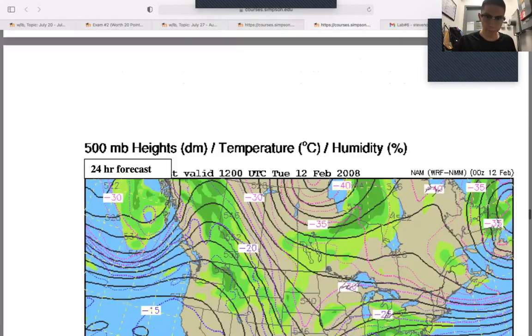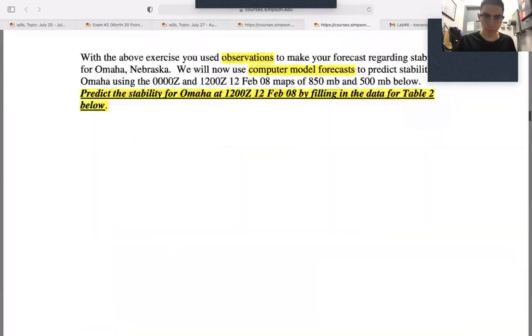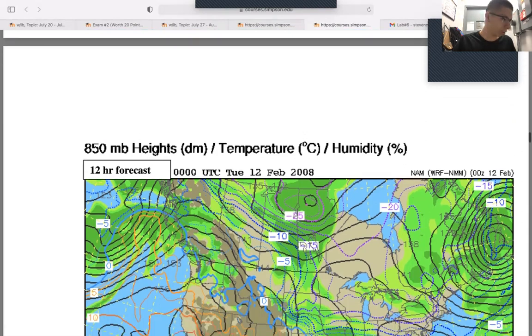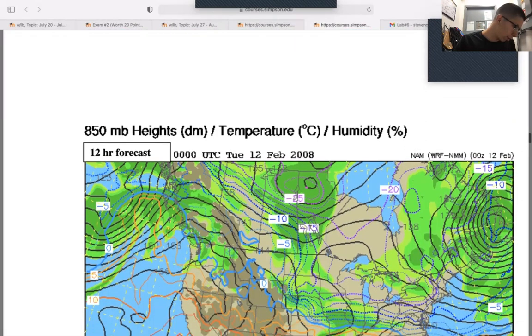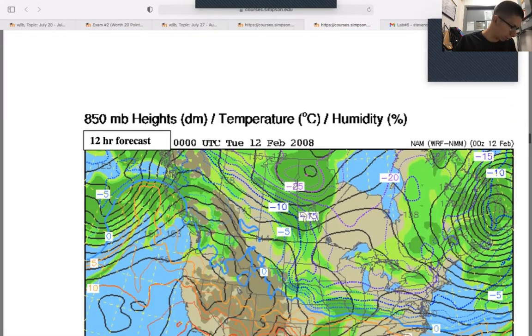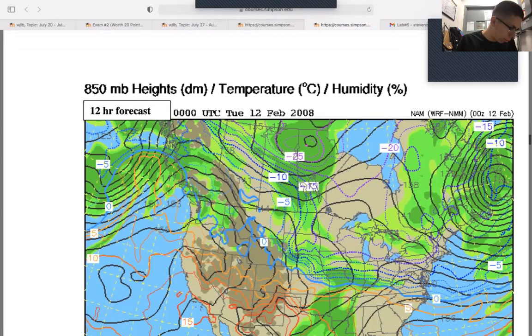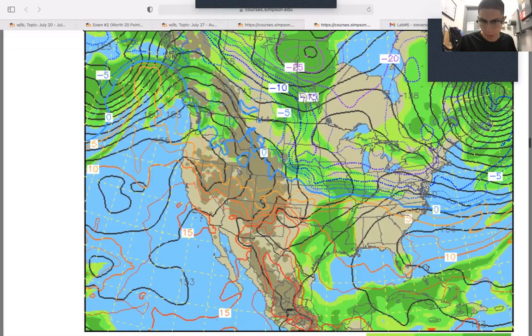First, let's go all the way up here at 0Z, with a 12-hour forecast. We look at Omaha, where it's positioned, and how the isotherms, the equal temperature lines, lay on top of Omaha, Nebraska.